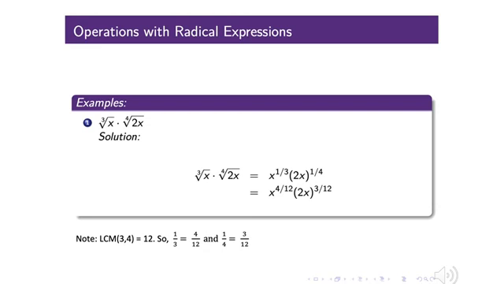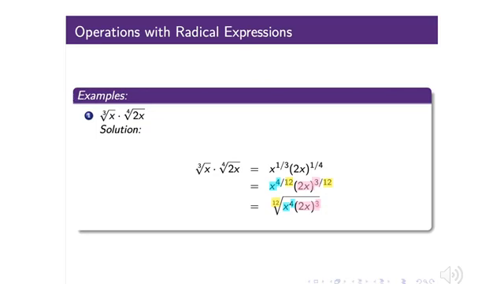Second step, we write the exponents in their equivalent form using the LCM. So the LCM of 3 and 4 is 12. So we have x raised to the power of 4/12 times (2x) raised to the power of 3/12.